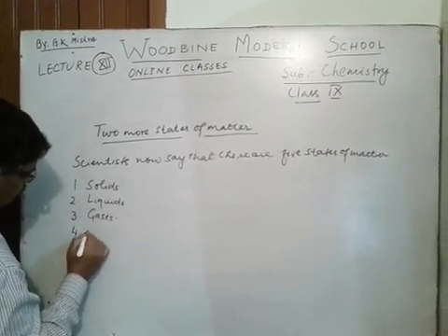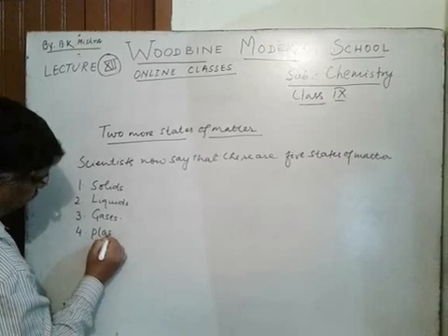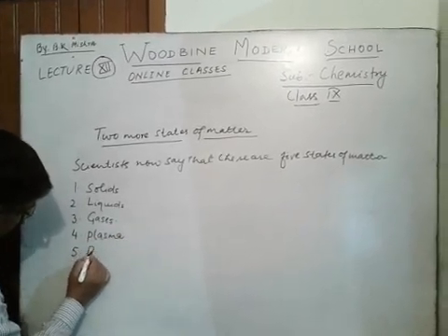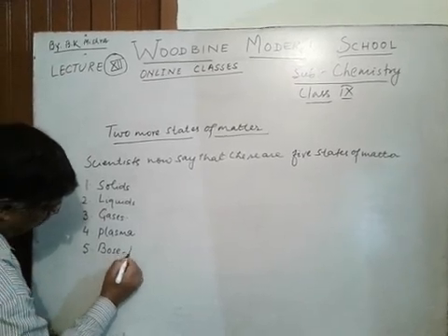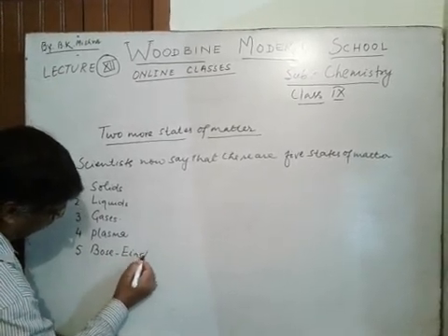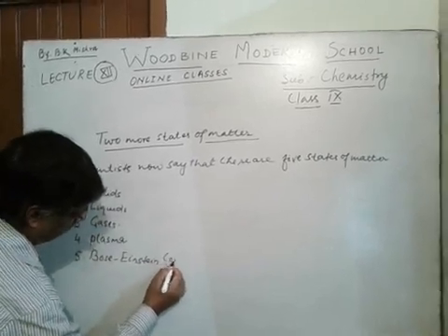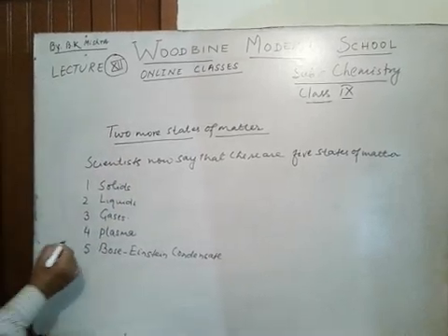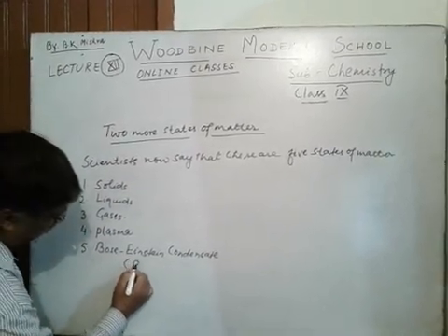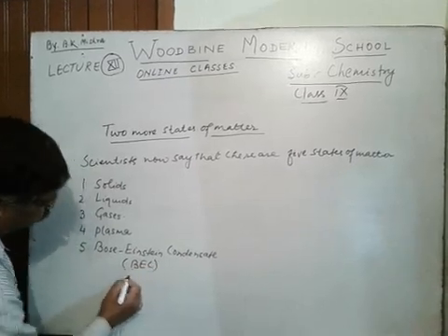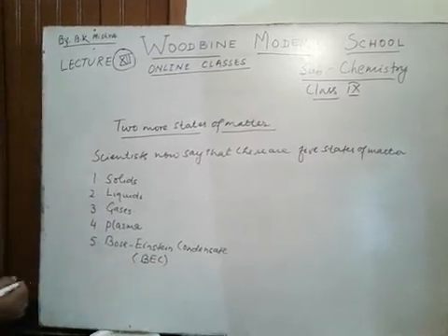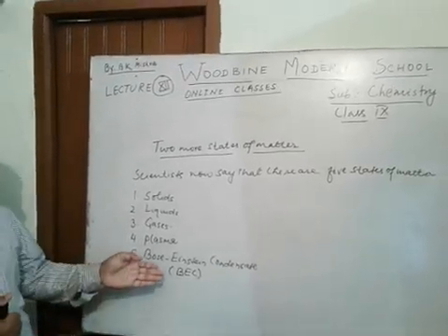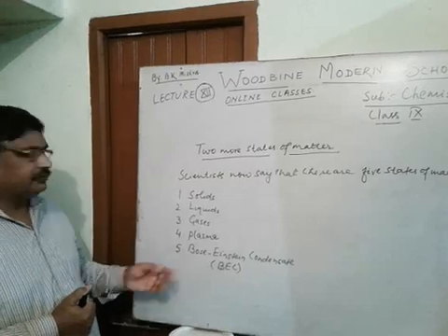Now the fourth one is plasma and the fifth one is Bose-Einstein condensate. It is also written as BEC in short form, and you can find on the internet also about the study on bosons. Now the study is going on in the 5th state.